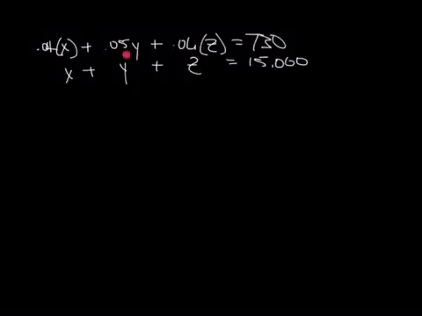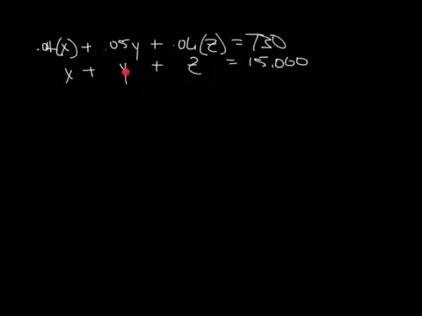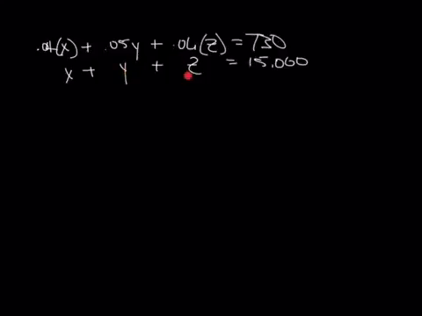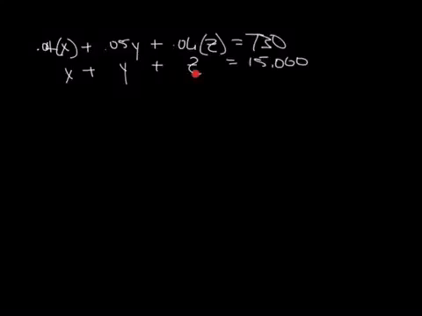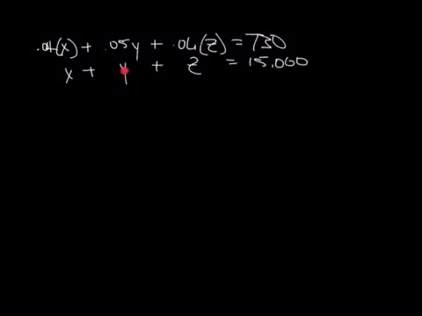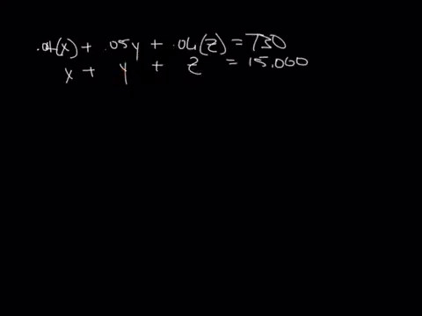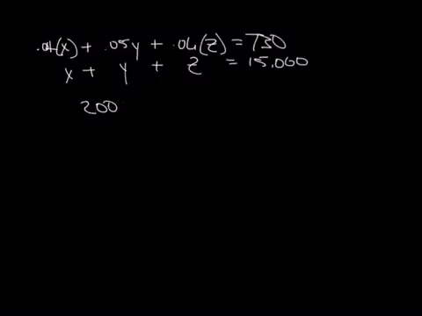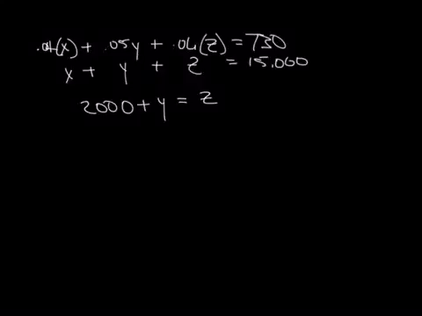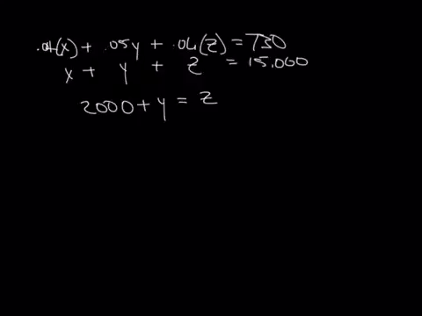So the mutual fund amount equals whatever she invested in bonds plus 2,000. So 2,000 plus Y equals Z. Simple to fix those up.